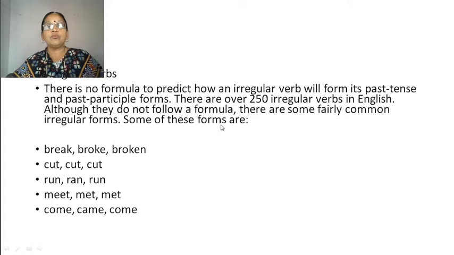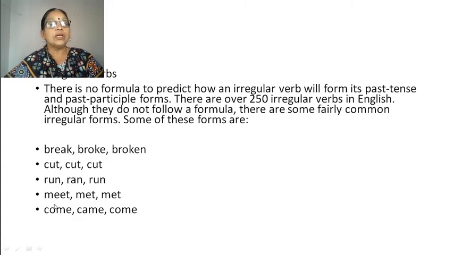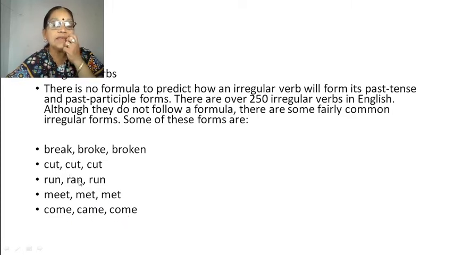Some of these forms are break, broke, broken; cut, cut, cut; run, ran, run; meet, met, met; come, came, come. So, no rule applies here when you are making the past participle.